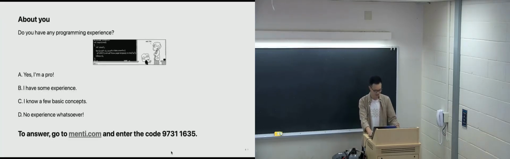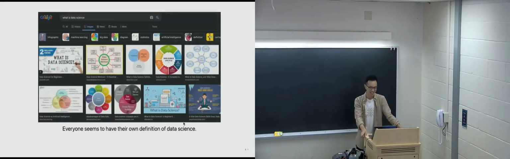Okay. So what is data science? If you Google data science, you get all sorts of different descriptions and images and blog posts, and you get HBR, Harvard Business School articles about how data science is going to revolutionize some enterprise industry, and you get a lot of buzzwords.